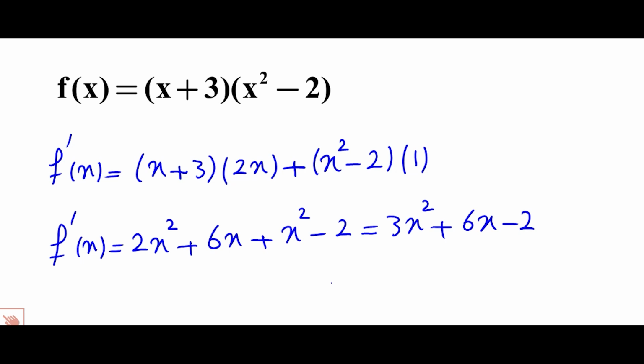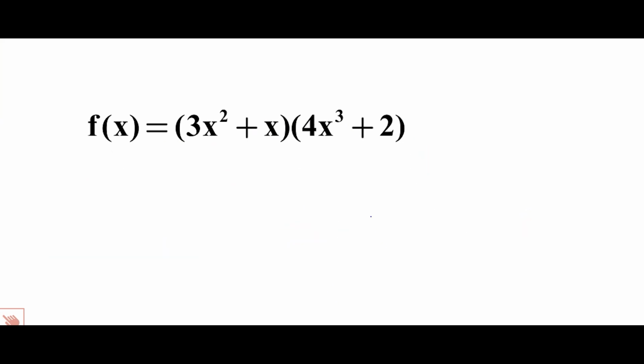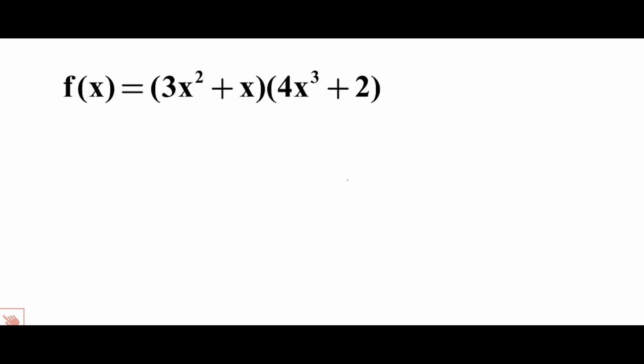Okay, let's solve another example. f of x is equal to 3x squared plus x times 4x cubed plus 2. So f prime of x is equal to the first function as is, 3x squared plus x, times the derivative of the second function. So we use the power rule.